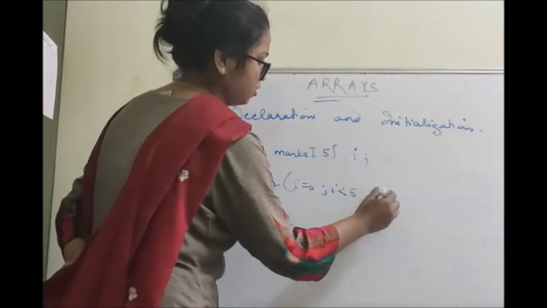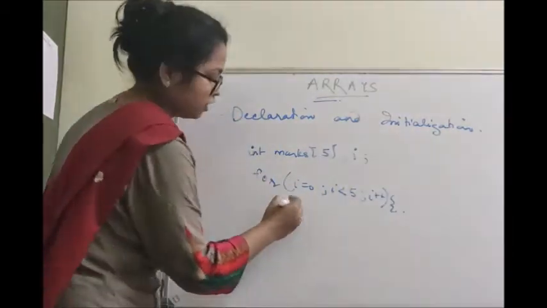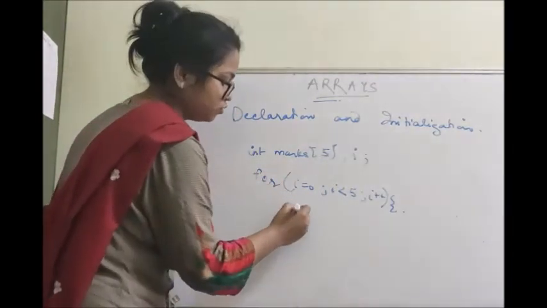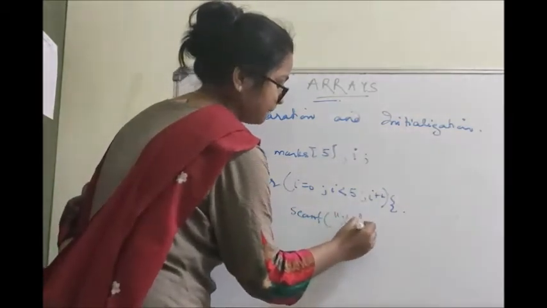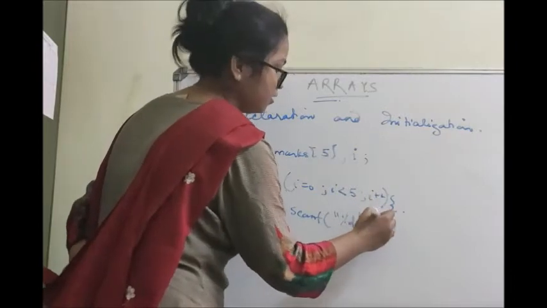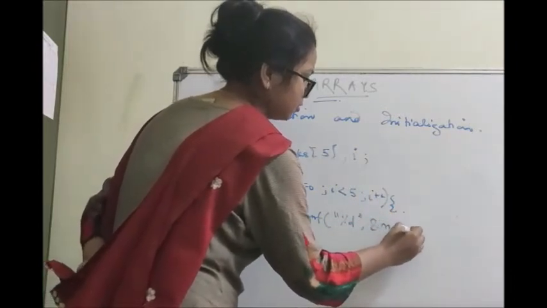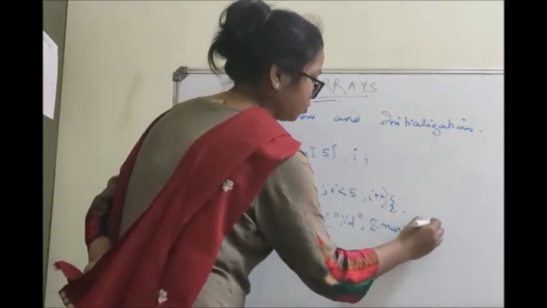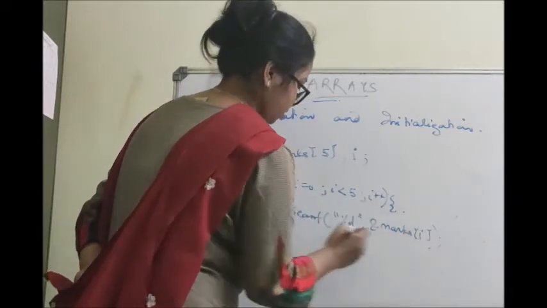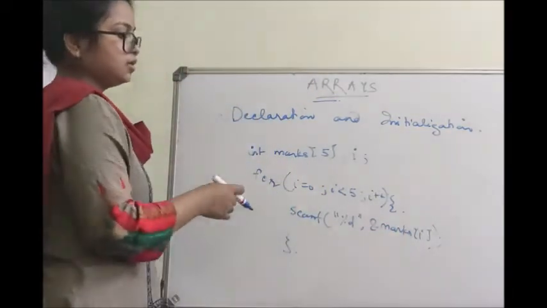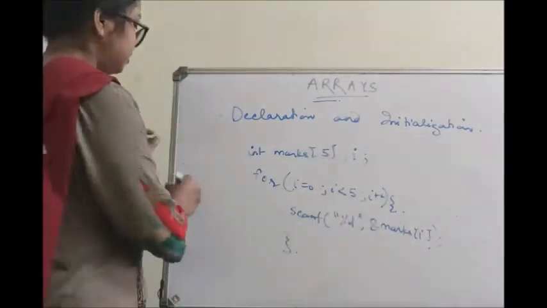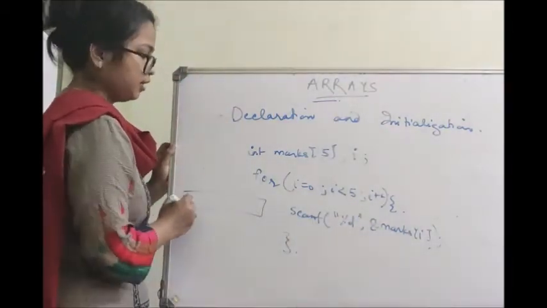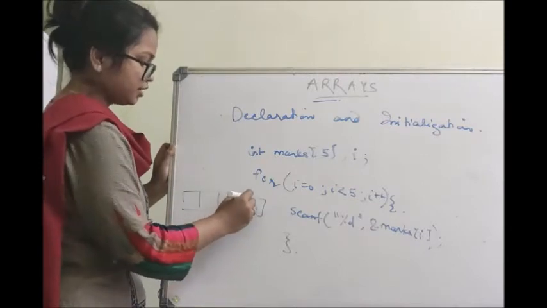After that, inside the for loop, we can ask the user to input it: scanf percent d and marks. So here one by one we give input, and in the memory 5 locations are created.